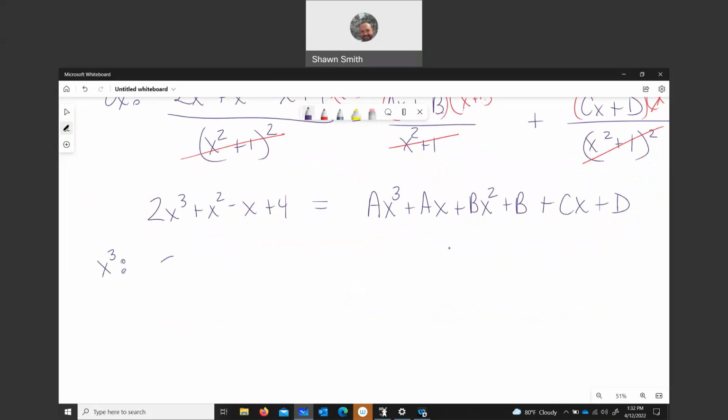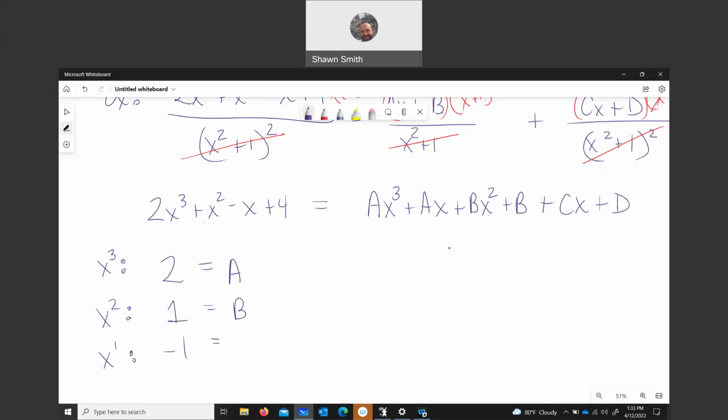X cubed, I have on the left 2. On the right I have a. That's it. X squares. So a is already solved. That's kind of nice. Might be easy. Might not even have to put this into a matrix. We'll see. X squares, I have 1. How many x squares here? B. Oh, b solved. That's nice. X to the first, negative 1.